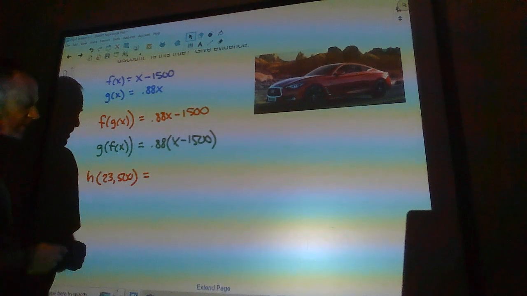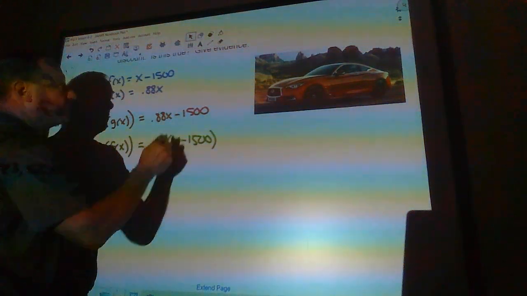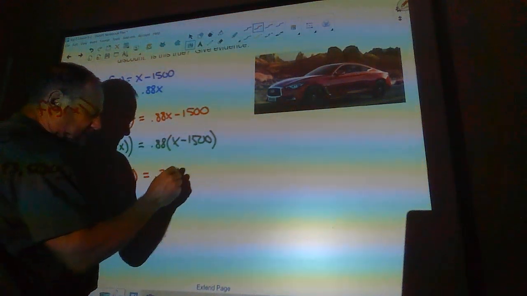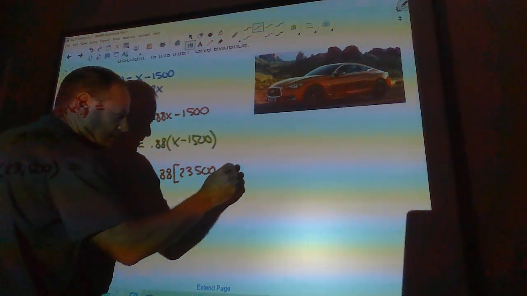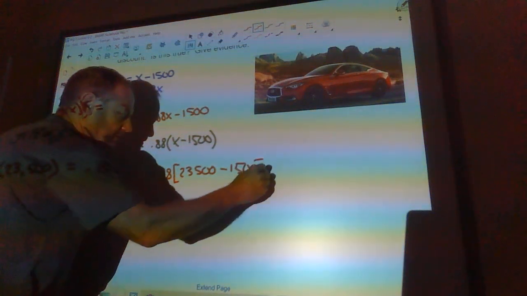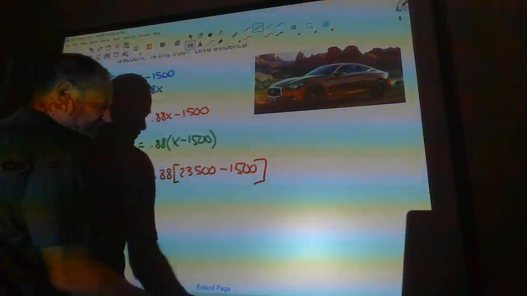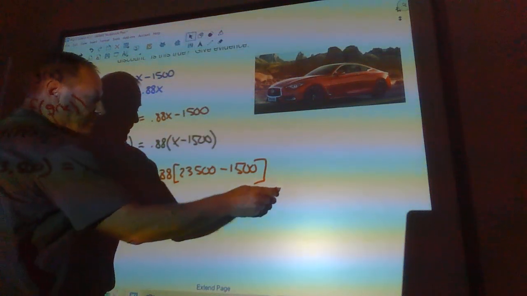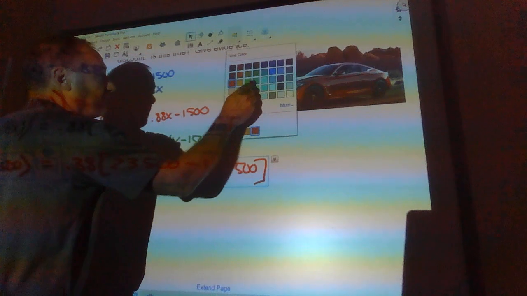That would be 0.88 of 23,500 minus 1,500. Oh, I'm sorry. That's the wrong one. That's g of x. Here, we'll save ourselves the trouble. We'll just turn this all green and do this green first.